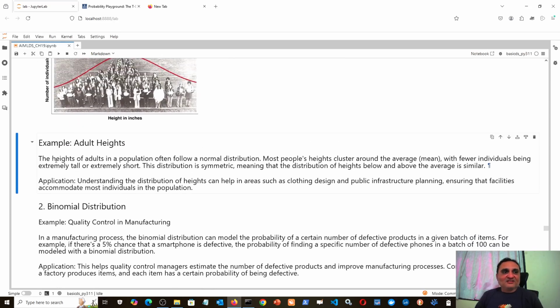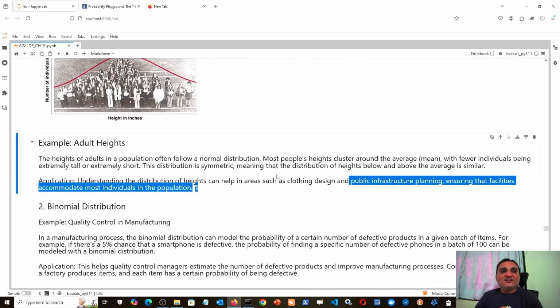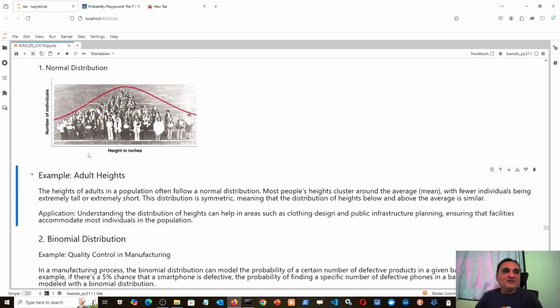Okay, bell curve. So for adult height, the application is that understanding the distribution of height can help in clothing design and shoe design. I already discussed that. Then public infrastructure planning: if you are designing, say, public toilets or public urinals, you have to think that they should be able to accommodate maybe around this. These are the average actually.